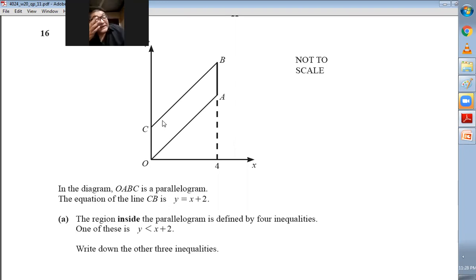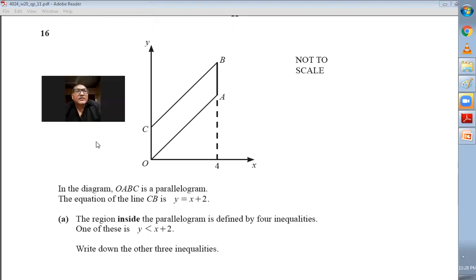Because this area is below that BC line, the crocodile's back will be towards y. Because its equation is y equals x plus 2, and because this parallelogram is below this BC line, when I put an inequality sign in place of the equals sign, the crocodile's back should be towards y.